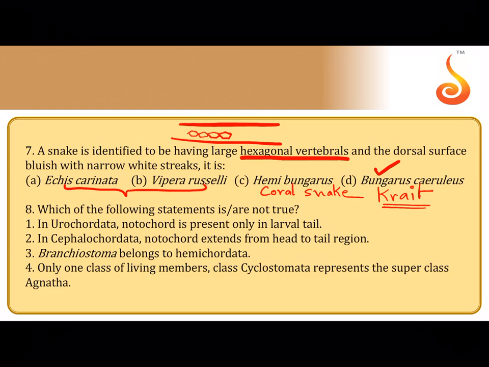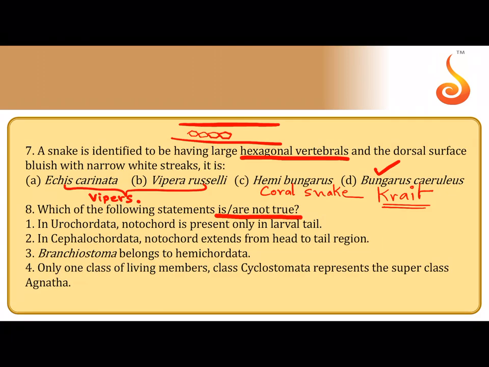And both of these are venomous. So the identifying feature, if you look at the back of the snake, you will see these hexagonal vertebral scales on the body, and this will tell you that it is a krait.